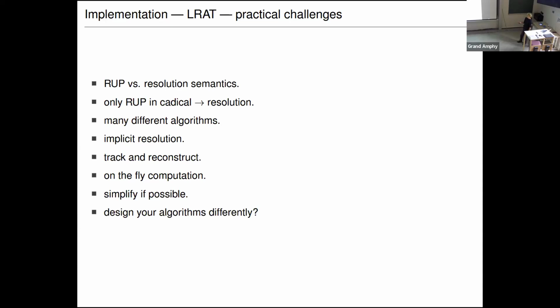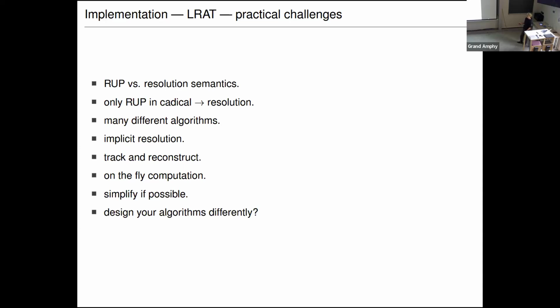So, practical challenges: lots of algorithms let us do reasoning steps, all of them RUP, luckily, many implicit. So the general gist is, we track the relevant reasoning steps and reconstruct LRAT afterwards.